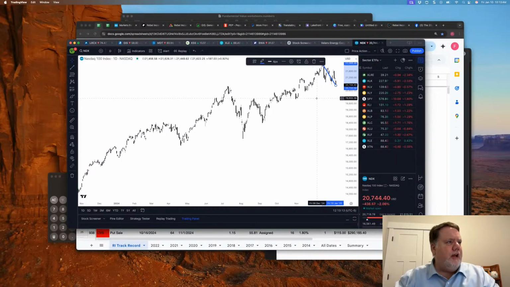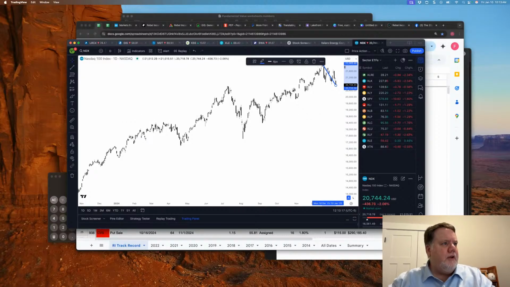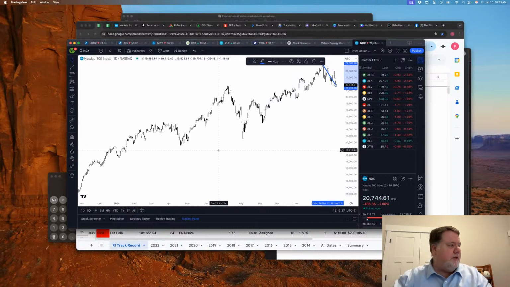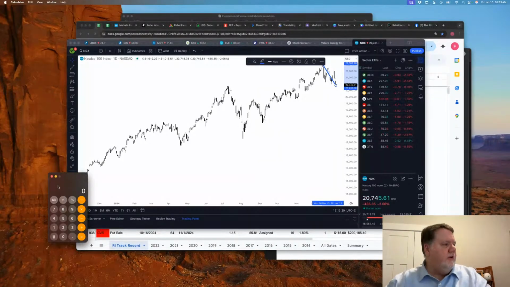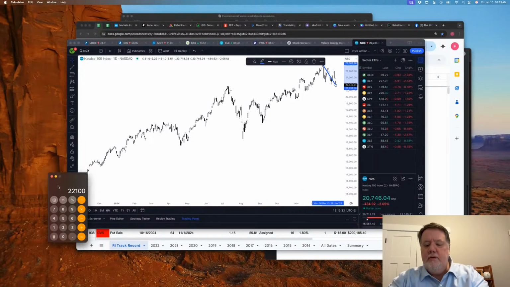This line that I have just drawn goes from about 22,100. This is the NASDAQ, 22,100 to about 20,750 roughly. So let's do the math here. I'm rounding for the sake of simplicity, 2750.